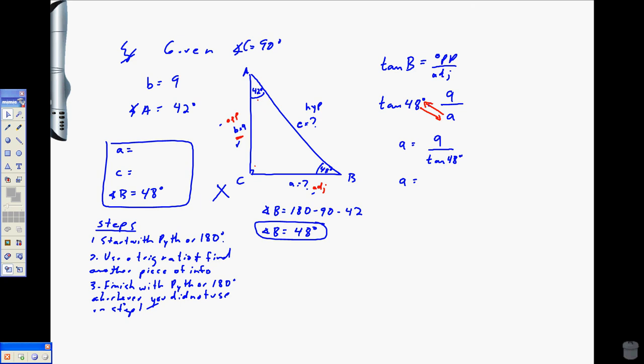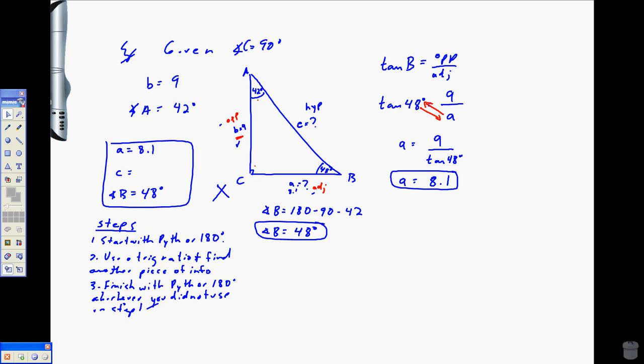On the regular calculators, I'm going to go 9 divided by 48, hit my tan button, then equals. So I get little a equals 8.1. So I can write that down, 8.1, in my solution square. On a backwards calculator, you would actually press 9 divided by tan 48, then equals. Okay, so a little bit different, but not all that difficult.